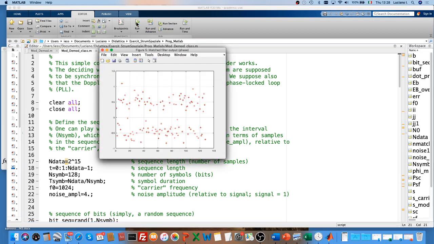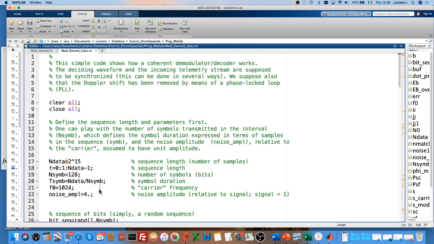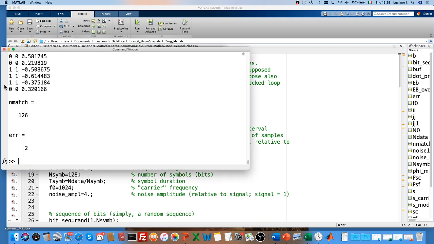Let us rerun it again. You see that there are some points close to the threshold, which is 0. So they are prone to be errors, but still we don't find any, but we were really, really close. Let us see if another run with a different realization changes the situation. And now we have, you see, 2 errors, because it's a random phenomenon.